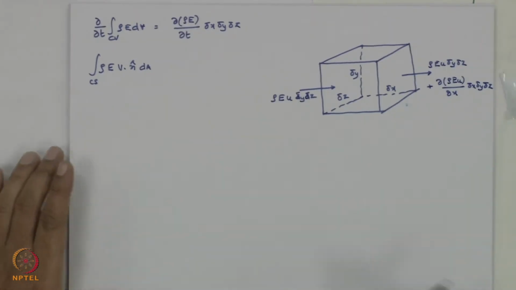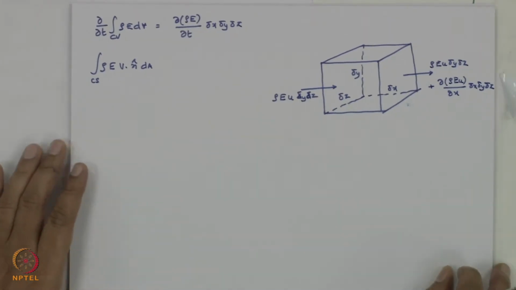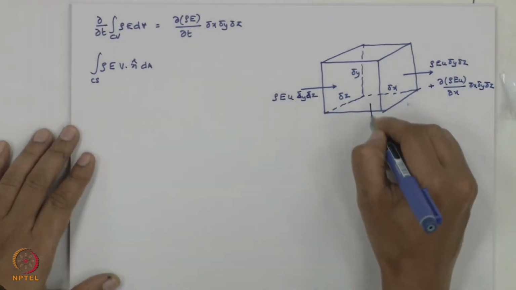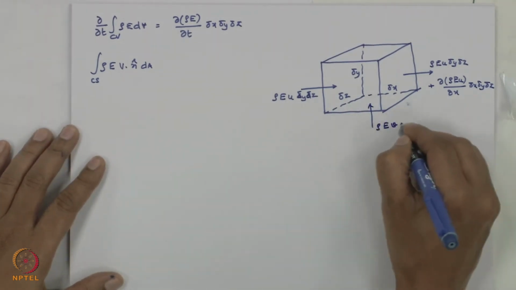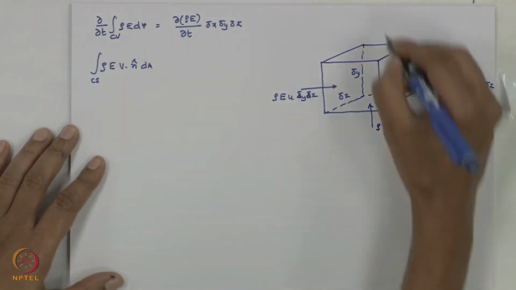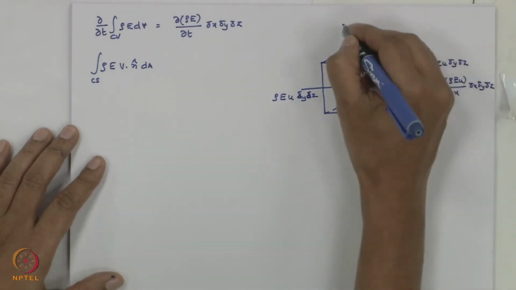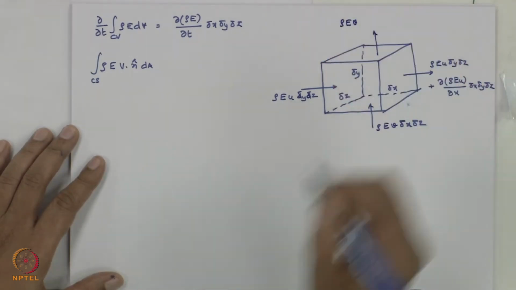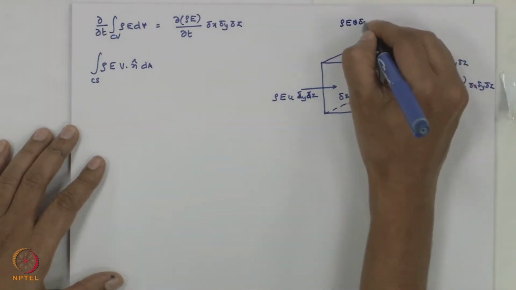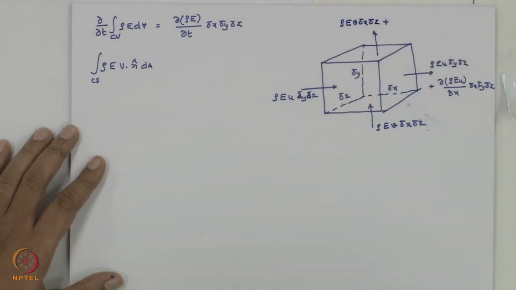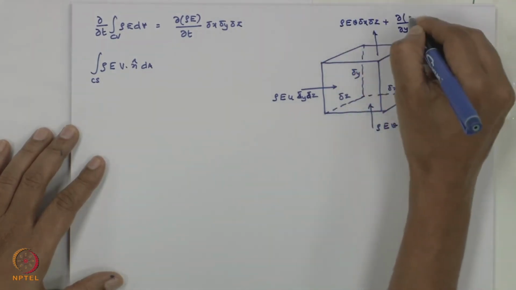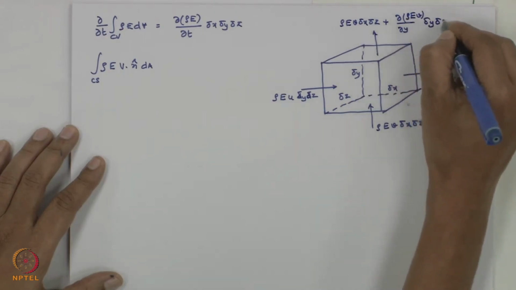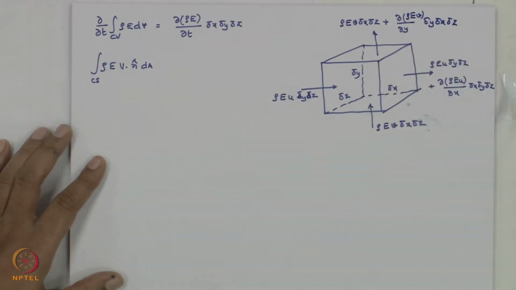Okay. Now you have the y direction. You have ρEV Δx Δz entering. What is getting out is ρEV Δx Δz plus ∂/∂y of ρEV Δy Δx Δz.